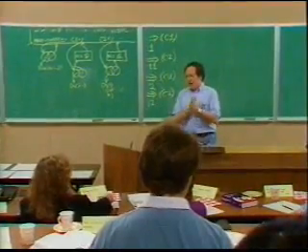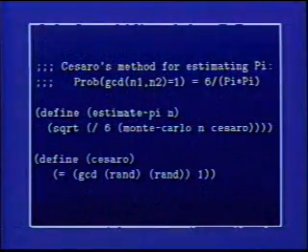There was a mathematician by the name of Cesaro, who figured out a clever way of computing pi. It turns out that if I take two random numbers, two integers at random, and compute their greatest common divisor, their greatest common divisor is either 1 or it's not 1.